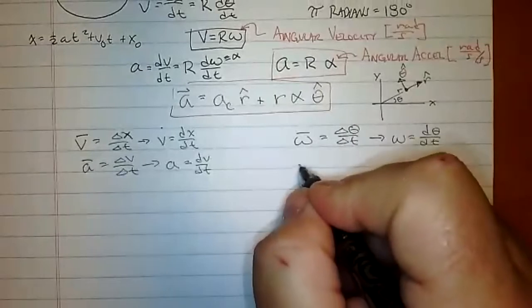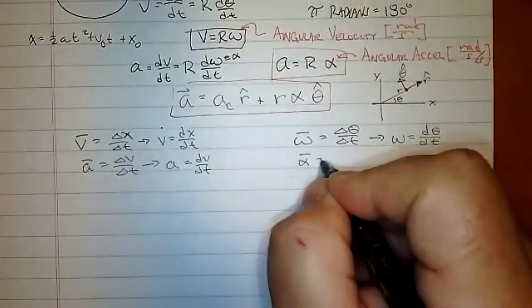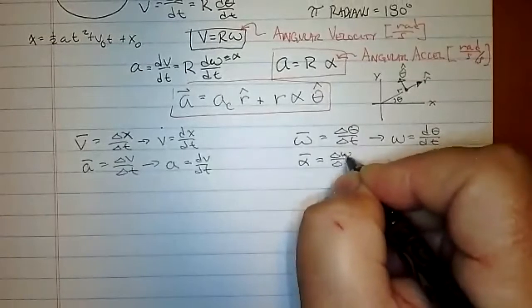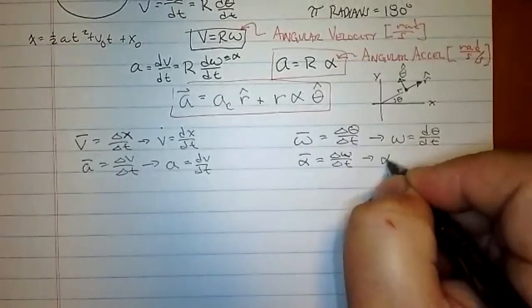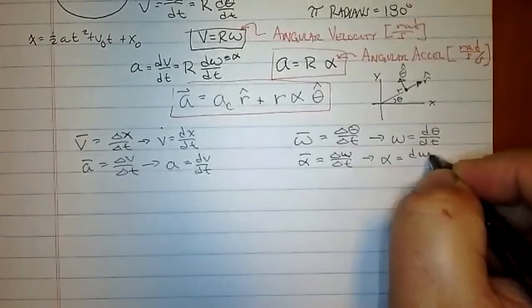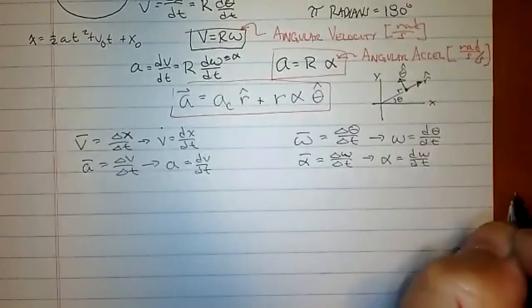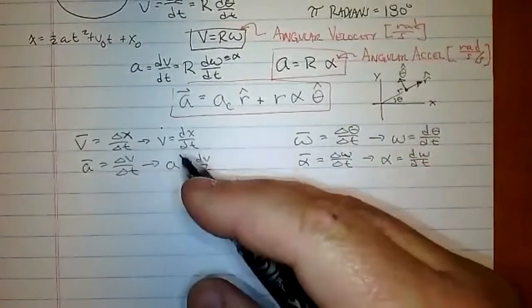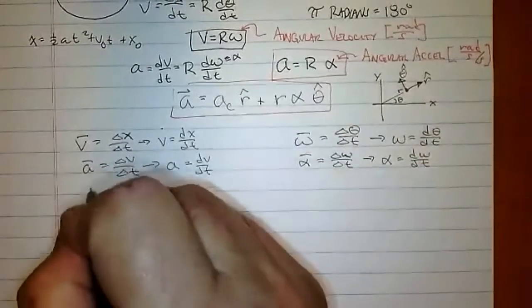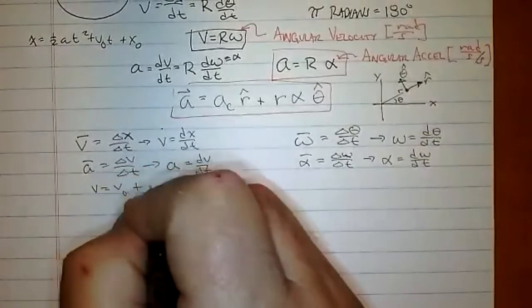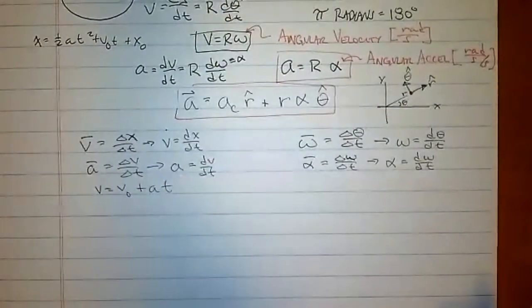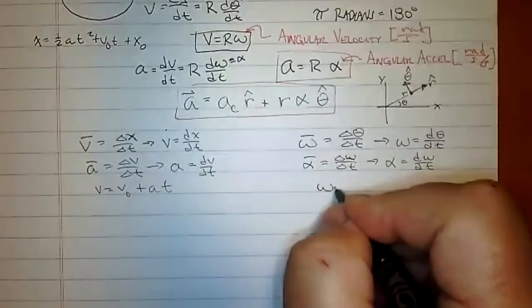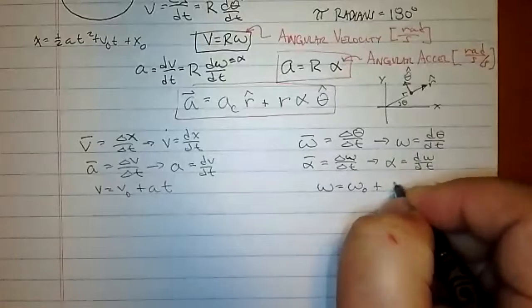That analog is the average angular acceleration is delta omega over delta t, and the instantaneous is equal to d omega over dt. If you remember from this equation, when we took a equals a constant, we were able to get v is equal to v0 plus at. Well, the same way we can get omega is equal to omega 0 plus alpha t.